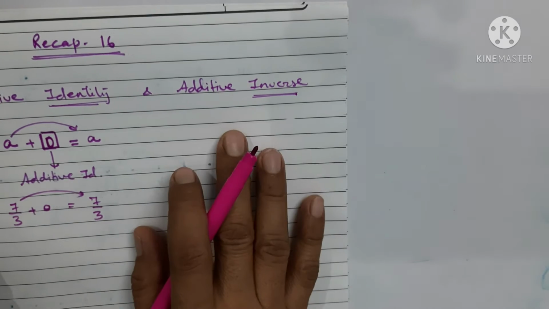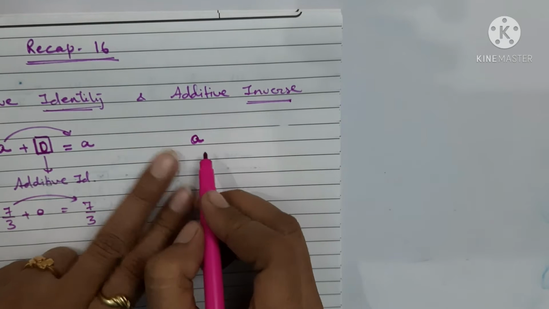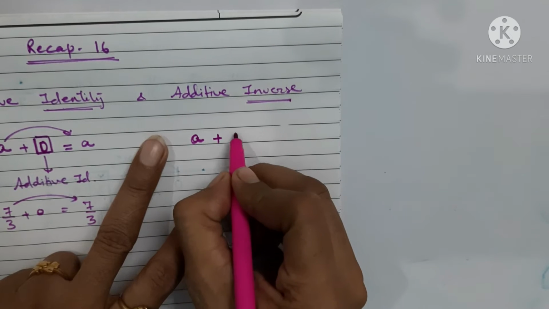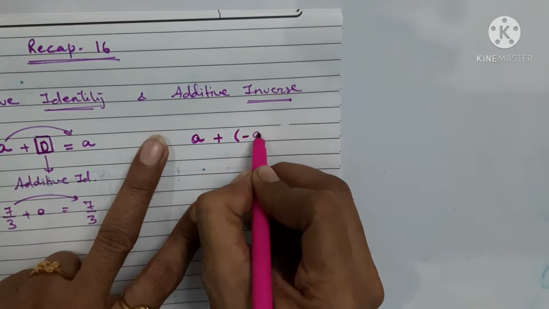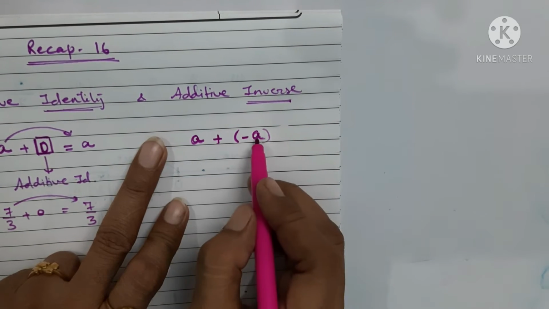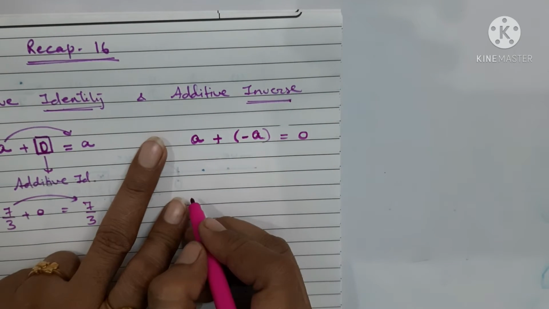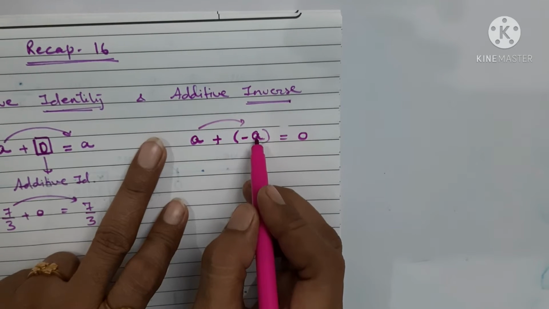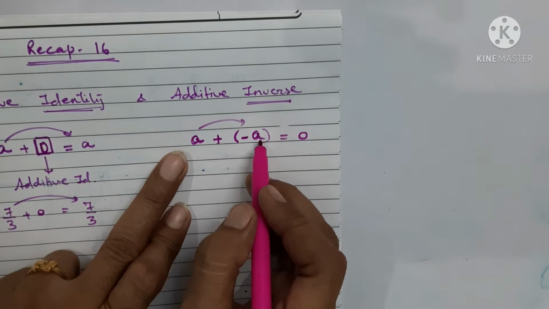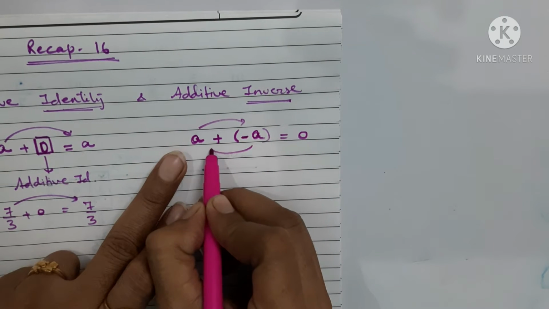Understood? What is there in additive inverse? In the case of additive inverse, if there is any rational number a, and you have another rational number such that when it is added to this number you get 0, then that number, minus a, becomes the additive inverse of a, and a becomes the additive inverse of minus a.